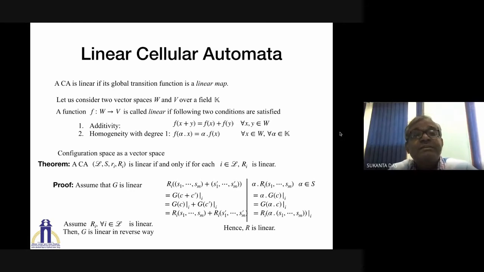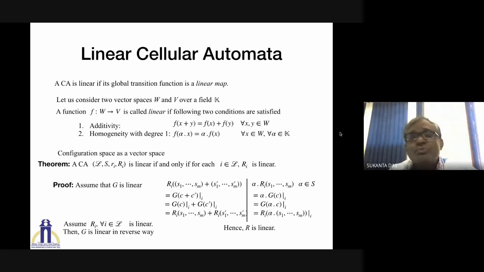A CA is linear if its global transition function is linear. That is, if G is linear, then the CA is linear. It's a simple definition of linearity of a CA.